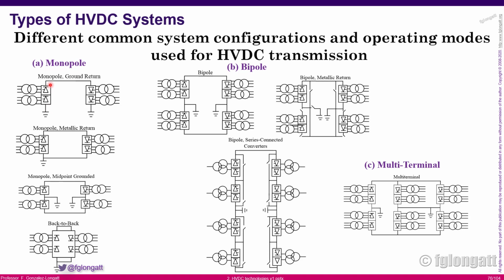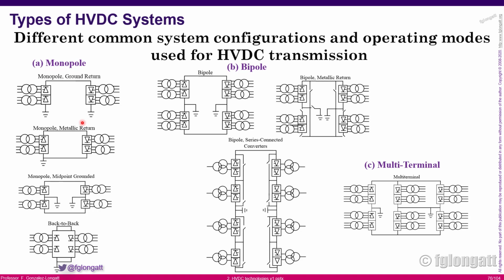And this is the most basic configuration that is called the ground return, okay? In a minute I will discuss more, but as you must know, when we have DC signals, the current is going in one direction in one pole and is coming back on the other, and we call this the classical ground return. Here we have the metallic return because there is a physical metallic conductor creating the return.